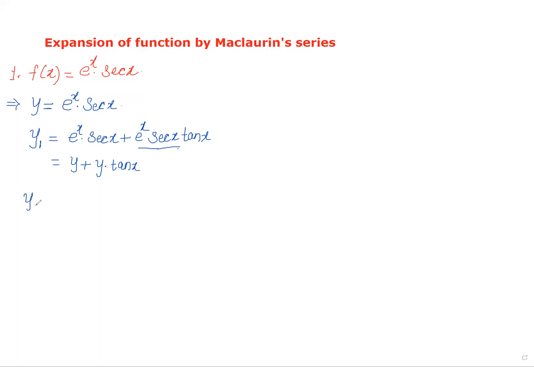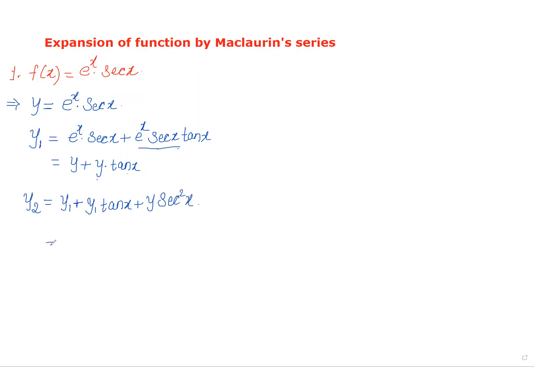Again differentiate with respect to x; the second derivative we are getting is y2. Y2 is equal to derivative of y, that is y1, plus here we have y into tan x. So first we take derivative of y, that is y1 tan x as it is, plus y as it is, derivative of tan x, that is sec square x.